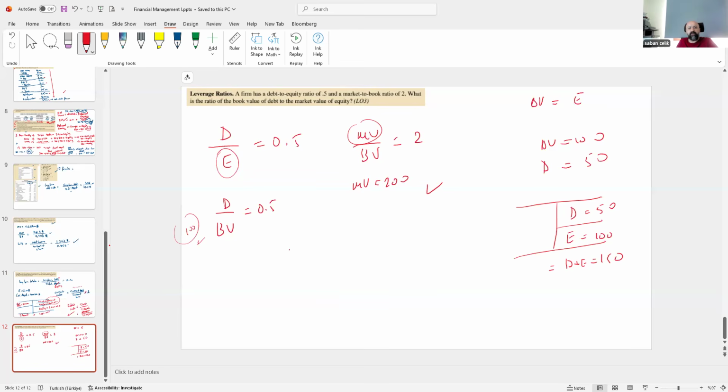The question is book value of debt, which is here 50, divided by the market value of equity, which is here 200.